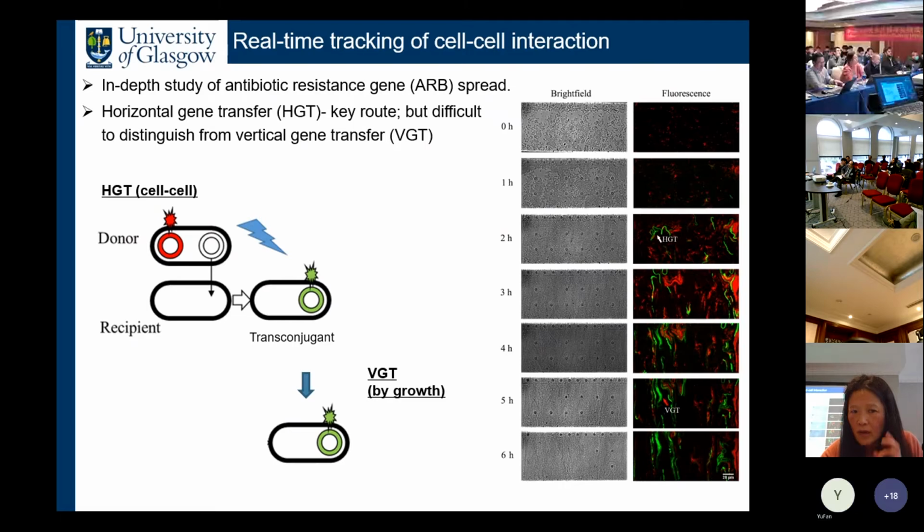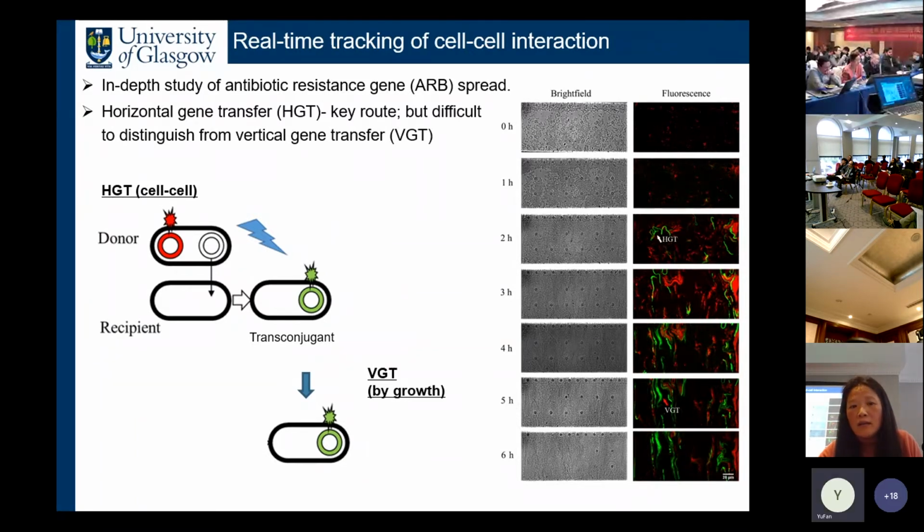Now, as I just mentioned, cells grow and divide, which means that this transconjugant will divide. If we use the traditional method, these endpoint measurements, we are not able to correlate the number of these green fluorescent cells with the HGT frequency.